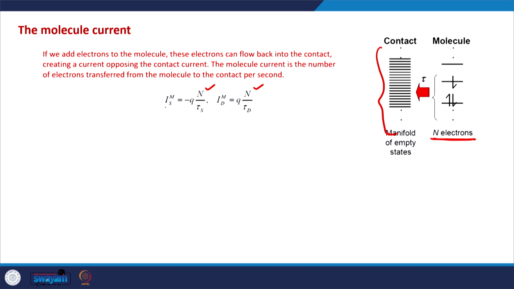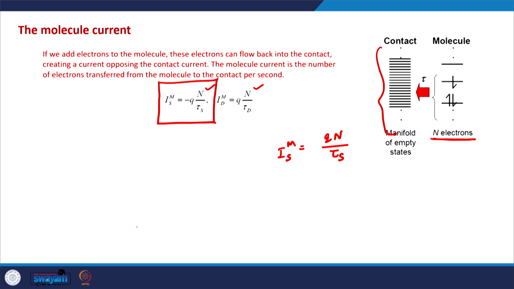So the molecular current on the source side is the charge in the molecule divided by the time that it takes for this charge to go to the contact.